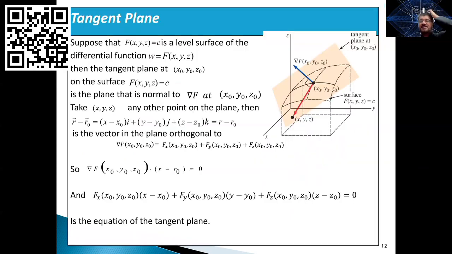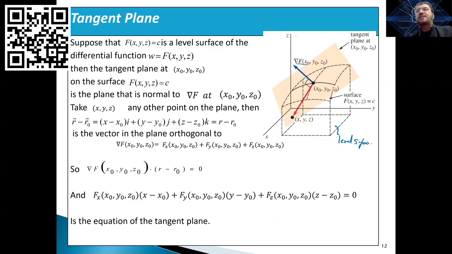All right, the last thing in this section is, let's suppose I have a level surface like this one. Now this one is a level surface, not a level curve, but a level surface. And let's suppose, guys, that we know the gradient. The blue one here is the gradient, which is perpendicular to the level surface.